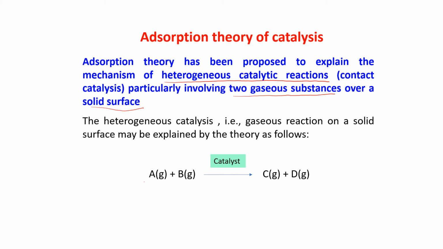A gas, B gas, and the catalyst is in the solid phase, and we are getting C and D, both also gas. So that means the reactants and the catalyst are in different phases, different states. So that is known as heterogeneous catalytic reaction.